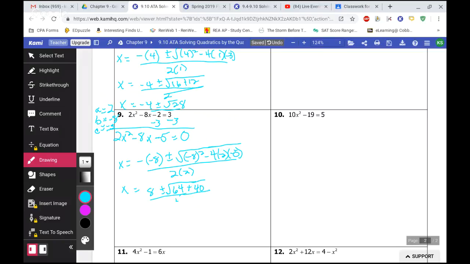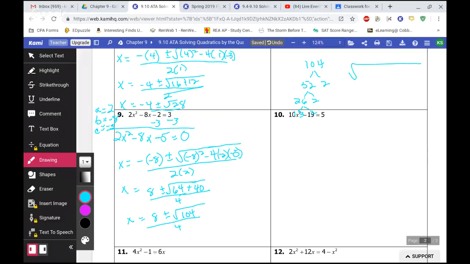All over 4. x equals 8 plus or minus 64 plus 40 is 104. All over 4. I'm going to factor 104. I'm going to do that over here. 52 times 2, 26 times 2, 13 times 2.